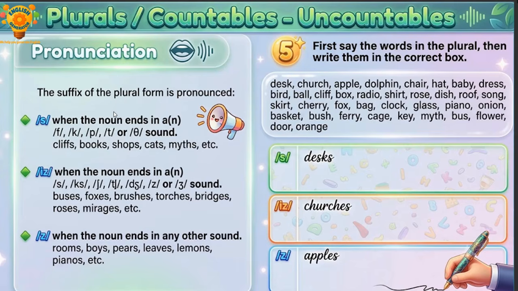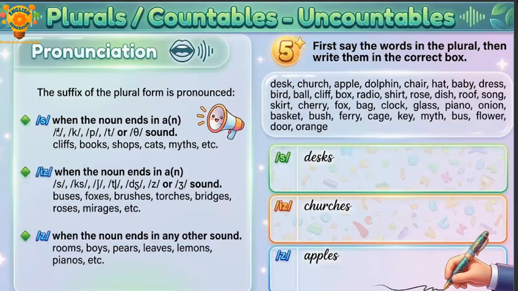About changing words to plural, we have some endings where we add s, and we add es, and also we sound like z at the end and so on. Here you will see some symbols from the IPA, the International Phonetic Alphabet.